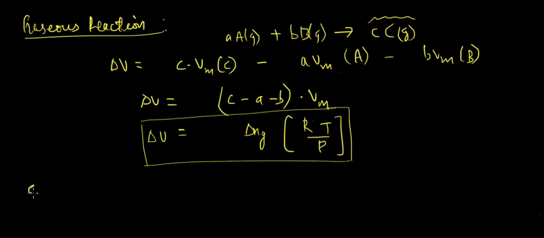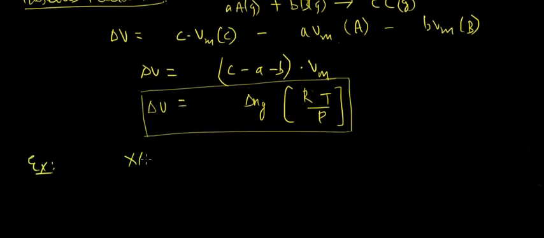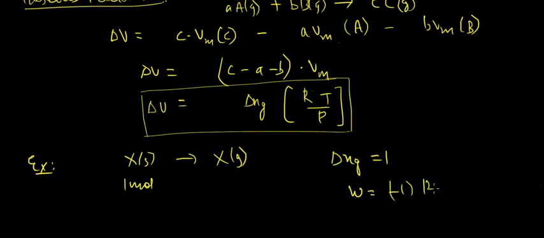Let's suppose we have an example where a solid Xs gets converted into Xg. So let's suppose 1 mole of Xs gets converted into Xg, so we can write delta Ng would be equal to 1 in this case, and W would be equal to minus 1 RT. So W is nothing but minus delta Ng RT.